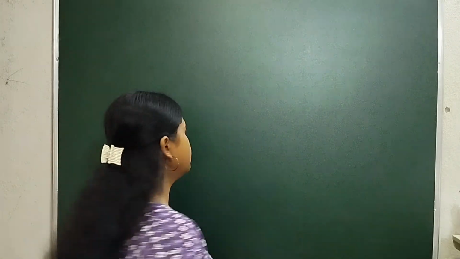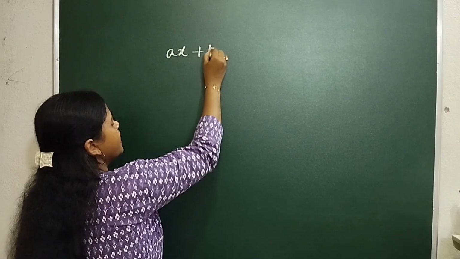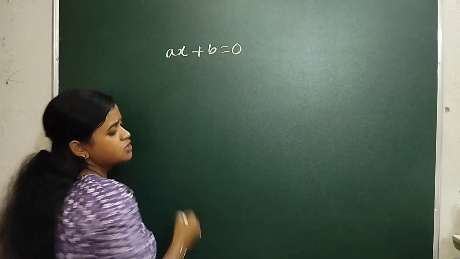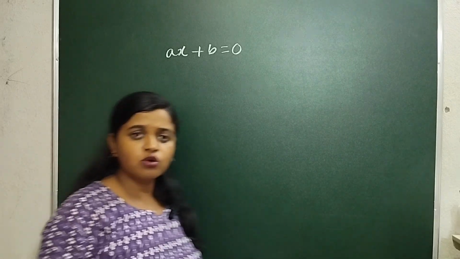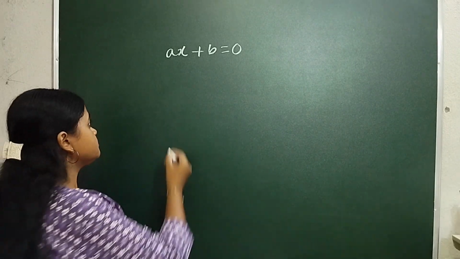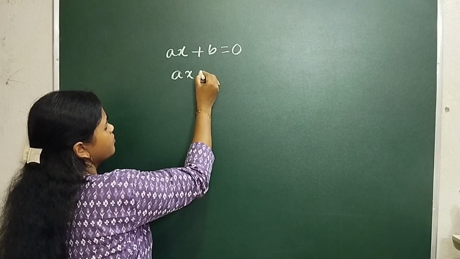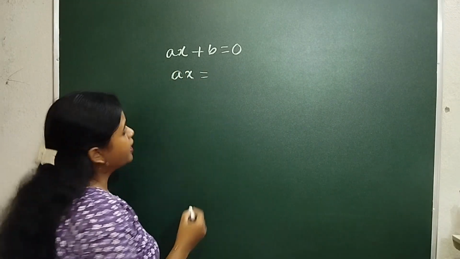So if I take a linear polynomial, the standard form of a linear polynomial is ax plus b equals 0. So how do we find the root of the linear polynomial? We basically have to find the value of x.